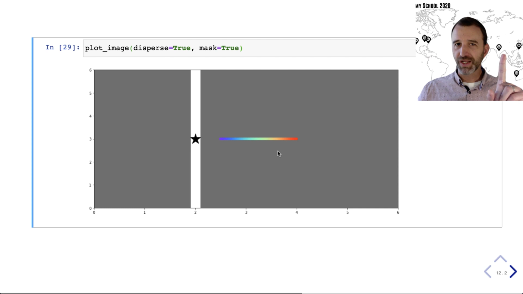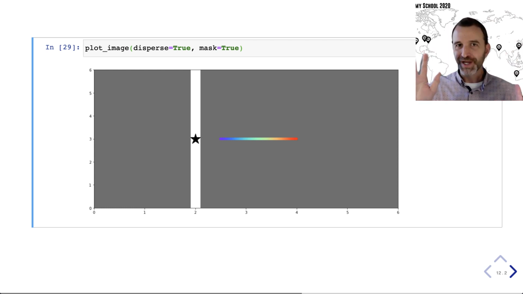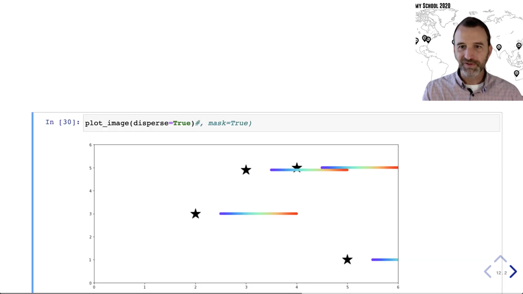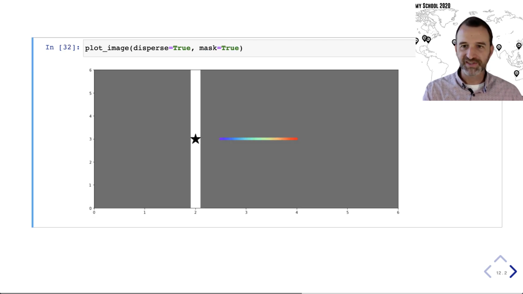A little bit of trickiness on the terminology here: this mask is very long and narrow, so we call it a slit, but this has nothing to do with the double slit experiment we talked about earlier. This is not causing dispersion. Remember, before we put that mask in, we already had dispersion. All we're doing when we add this mask is blocking out light. We call it a slit, but it's a slit mask.